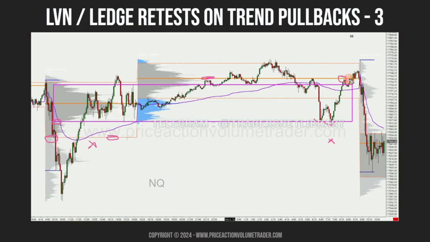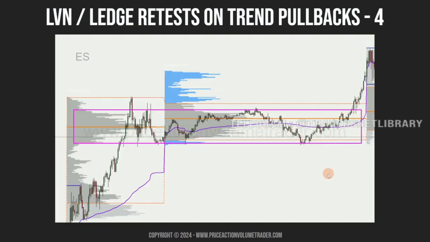Or you could have been a little more aggressive and probably put it just beyond this low volume node here. So maybe somewhere around here, etc. You know, you can manage your trade as well. As soon as it starts going your way, you can start tightening your stops and everything here.